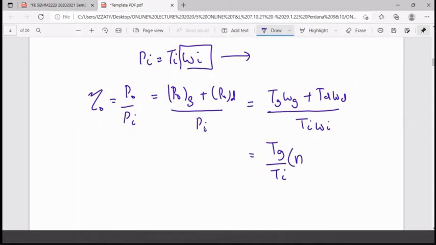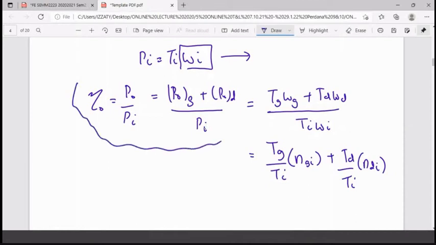N for G and I, plus TD divided by TI, and this one also becoming N, D, and I. So you can choose one, but I advise you to use this one because you already calculated the PO for the grinder and drum respectively, and even the PI has been calculated. So this one is better still.